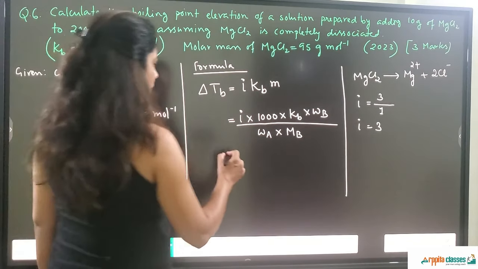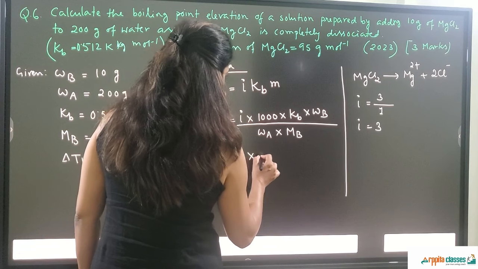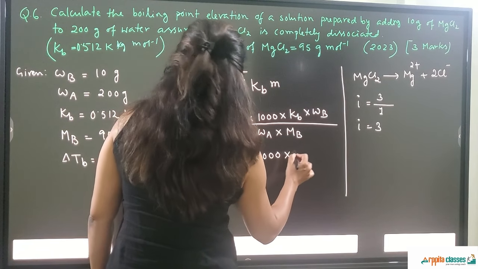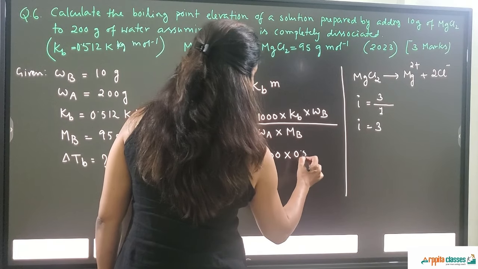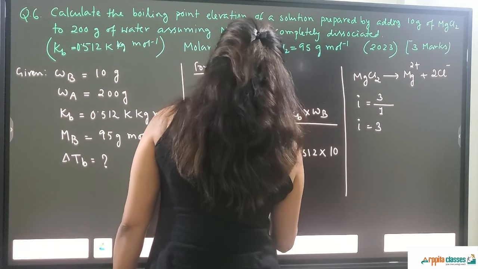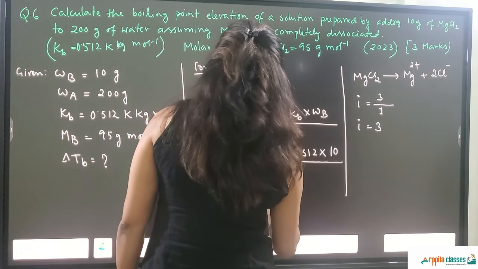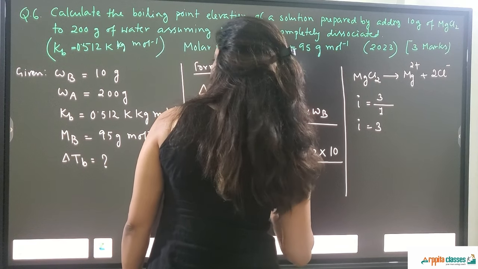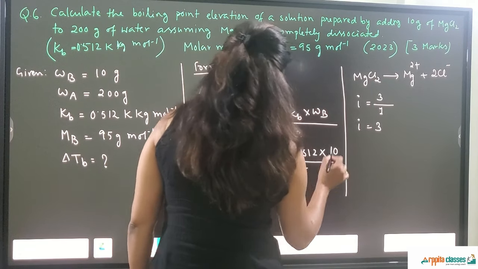So now put it here. i is 3 into 1000 into Kb. The value of Kb is 0.512 into Wb, which is 10, divided by Wa, which is 200, into Mb, and Mb is given as 95.